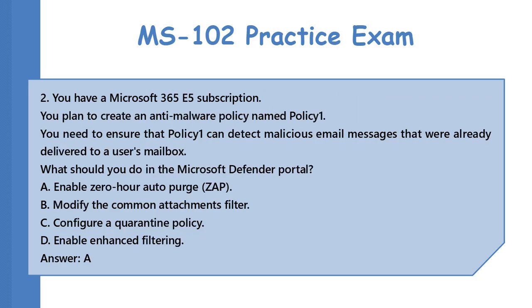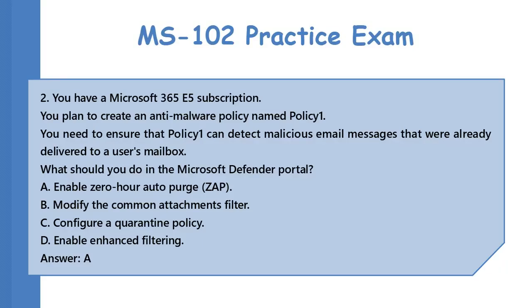2. You have a Microsoft 365 E5 subscription. You plan to create an anti-malware policy named Policy 1. You need to ensure that Policy 1 can detect malicious email messages that were already delivered to a user's mailbox.